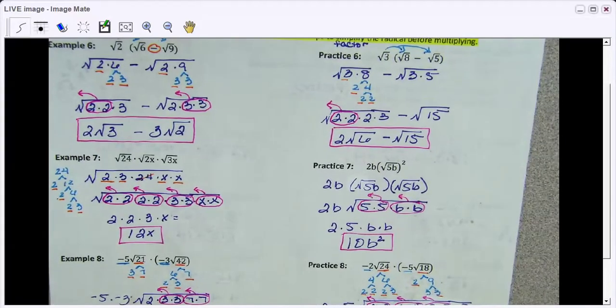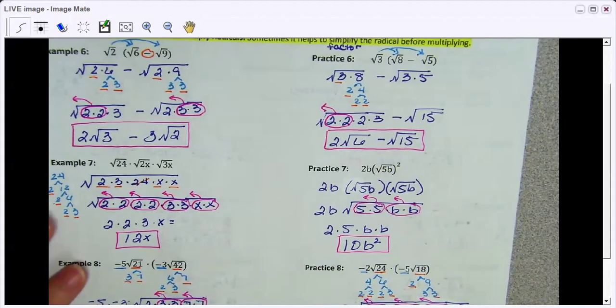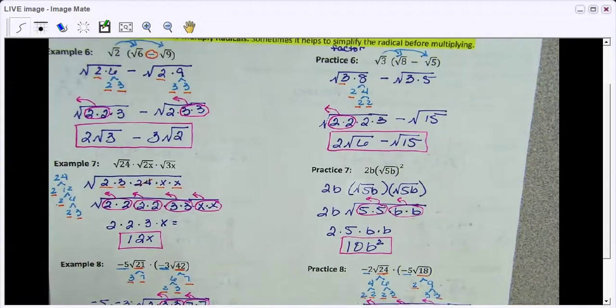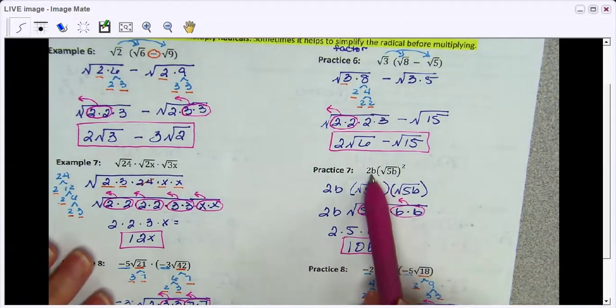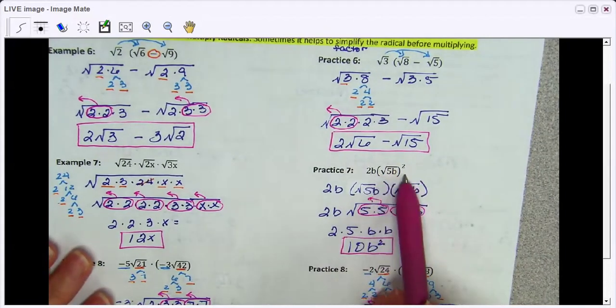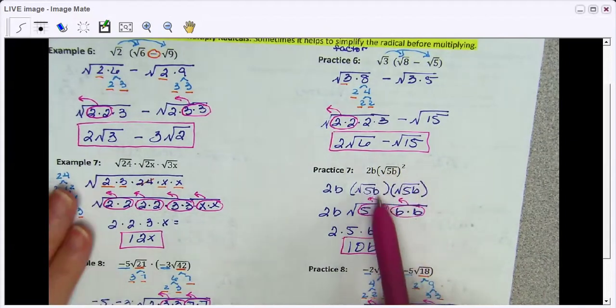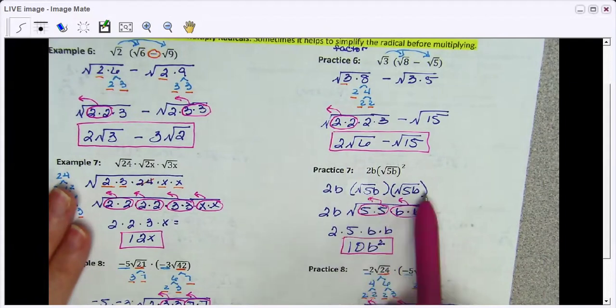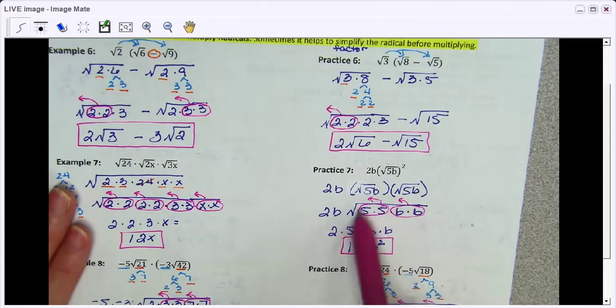Okay, so here are the answers to practice 6 and 7. Practice 7 was a little different because you had to square the square root of 5b and then multiply it by 2b. So I just multiplied 5b times 5b, put it all under the same radical, grouped them together and factored them out.